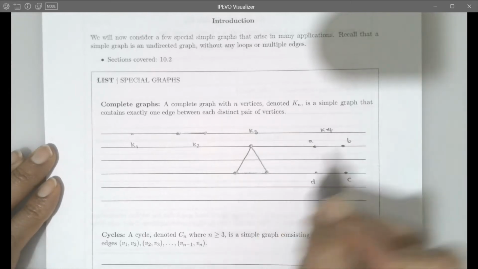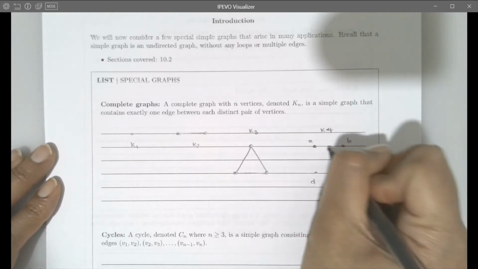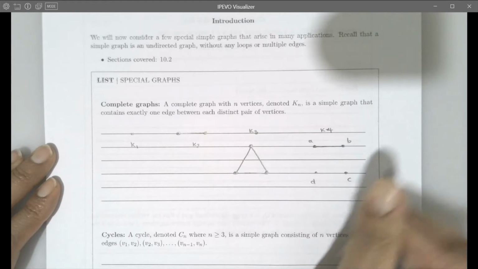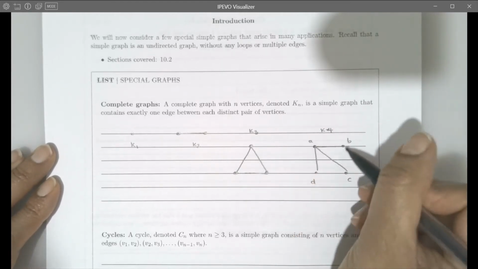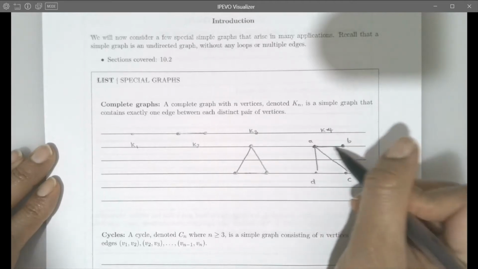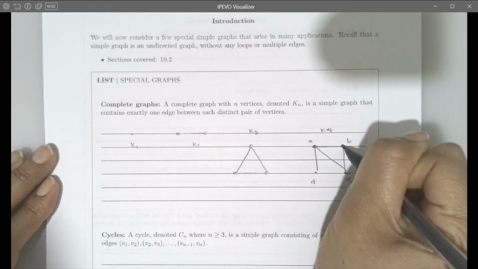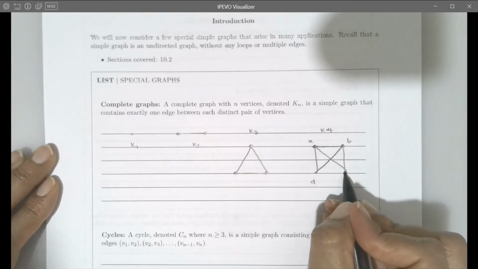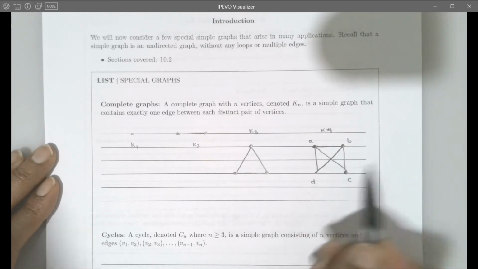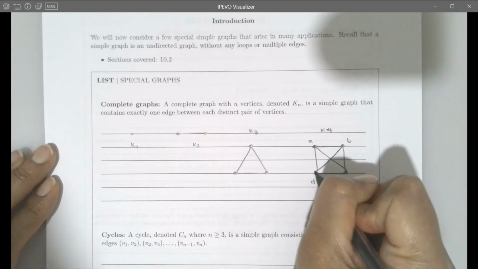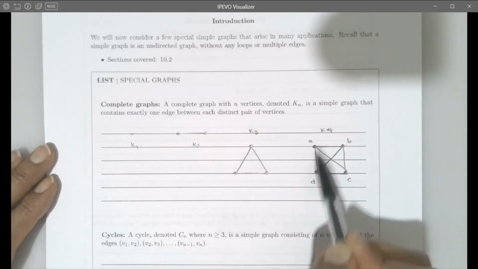So A, B, C, and D. Starting at node A, it can be connected to B, C, and D. Then looking at B, it could be connected to A, which it already is, then to C and to D. Then focusing on node C, it can be connected to A, B, and D. And then finally, D could be connected to A, B, and C, which it already is.